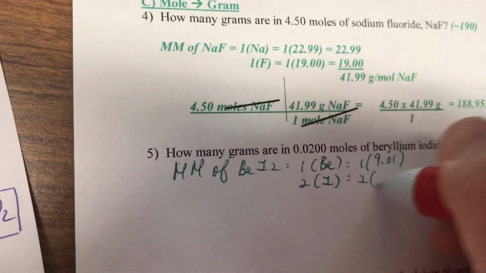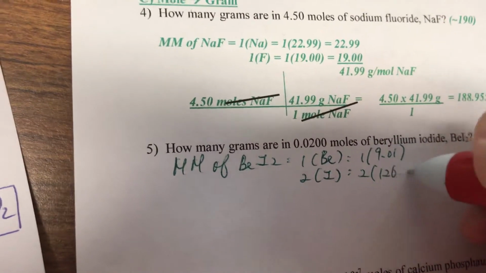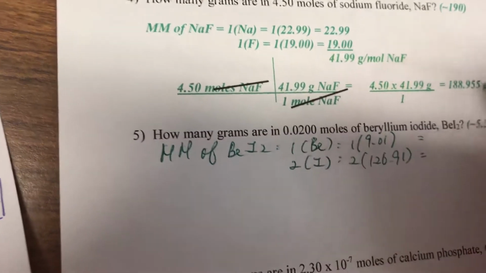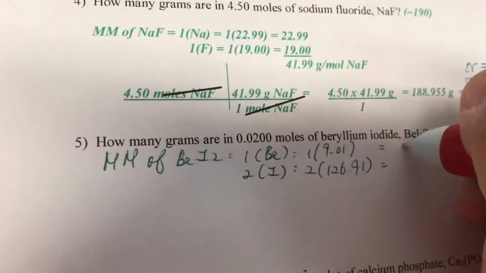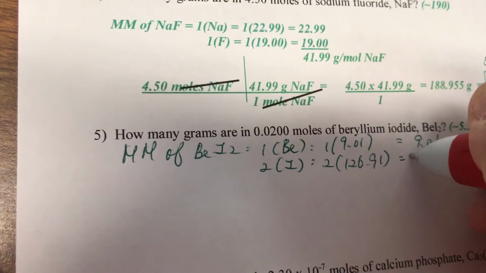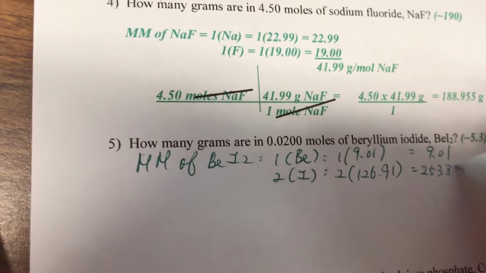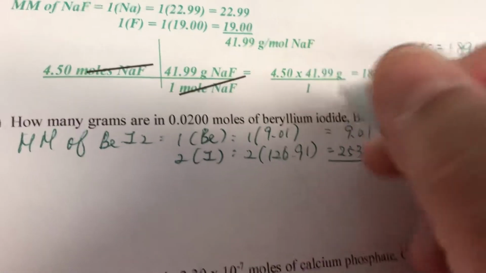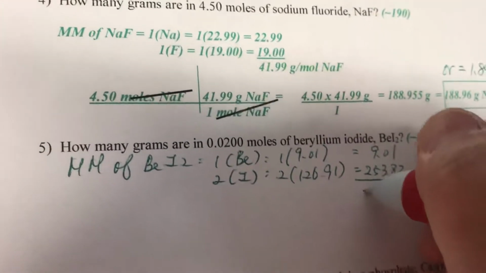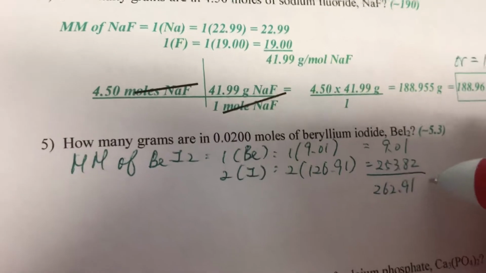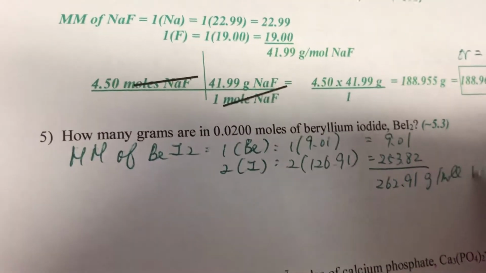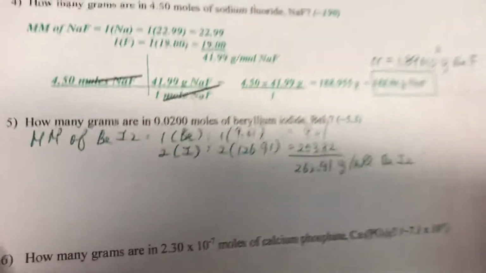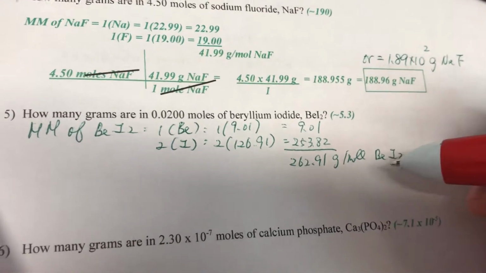My I, I got 2 of them, 126.91. So I multiply them out, I got 9.01, and then 253.82. Okay, if I add them up, I will get 262.91 gram per mole BeI2. Okay, measure these two places.